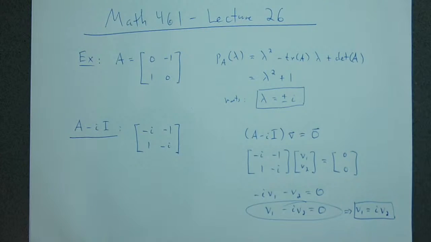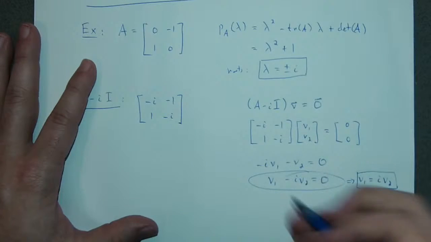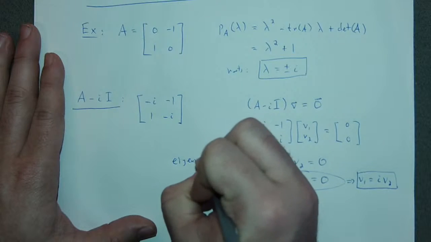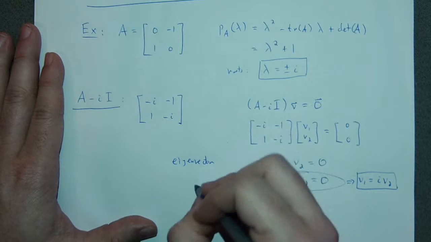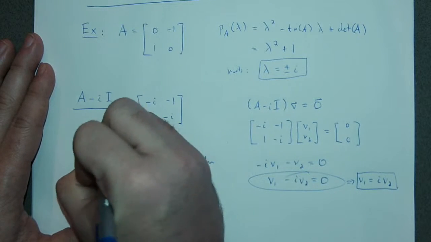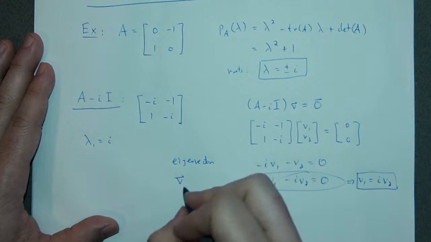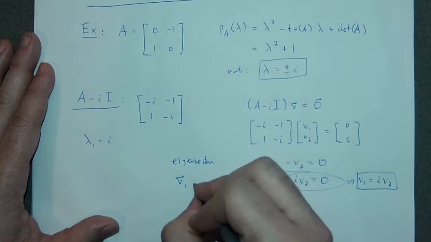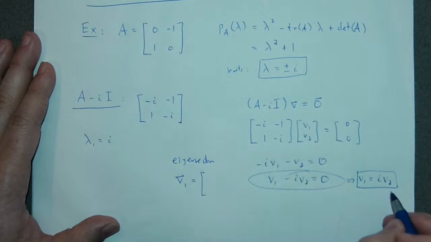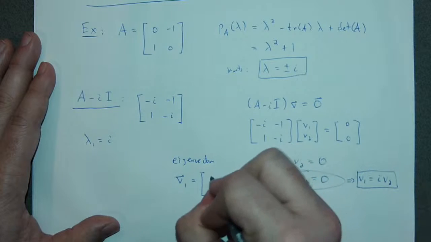If I choose v2 to be 1, then v1 is i. So an eigenvector associated to this eigenvalue, if I'm calling my eigenvalue lambda 1 equals i, then the eigenvector associated to it, v1, is (i, 1).